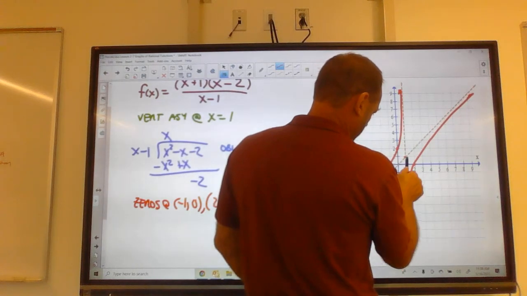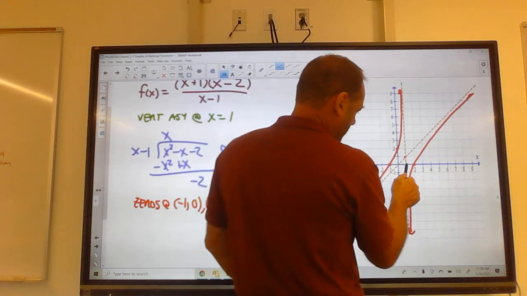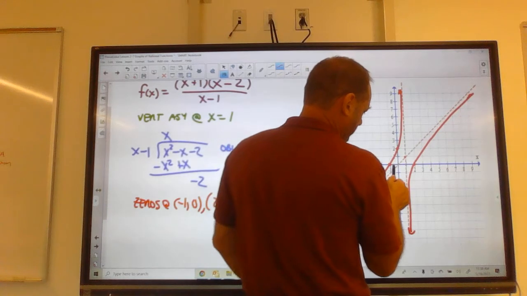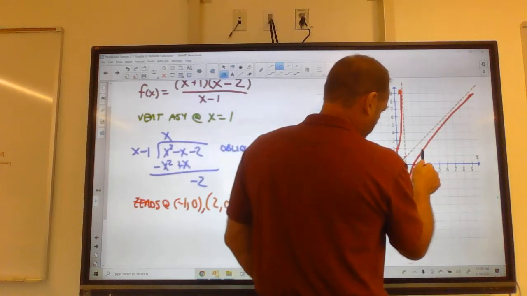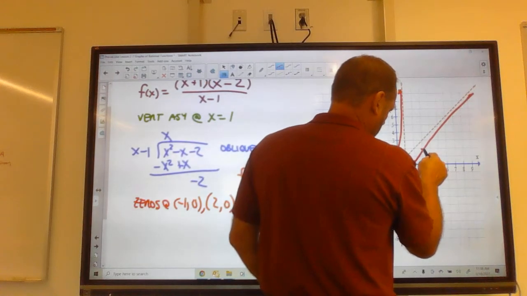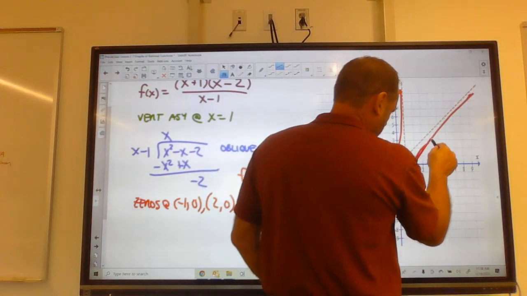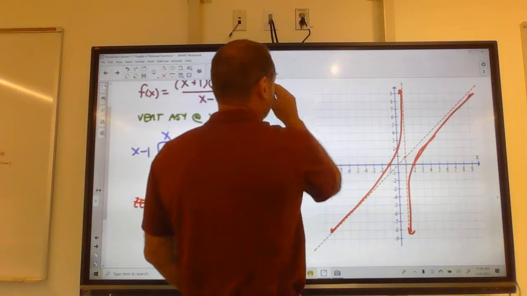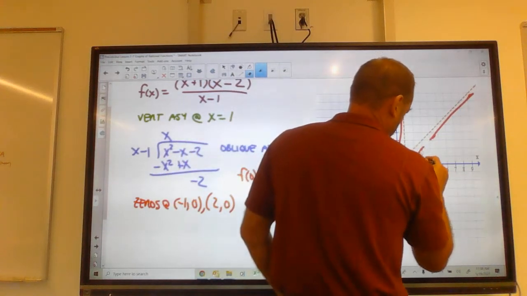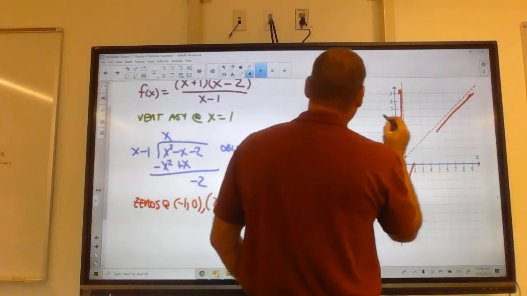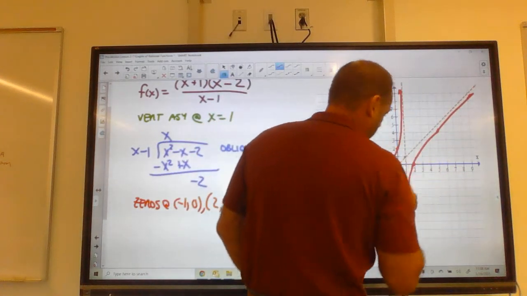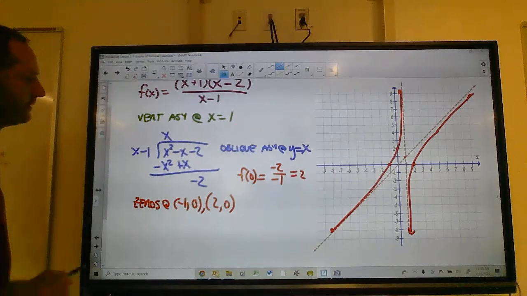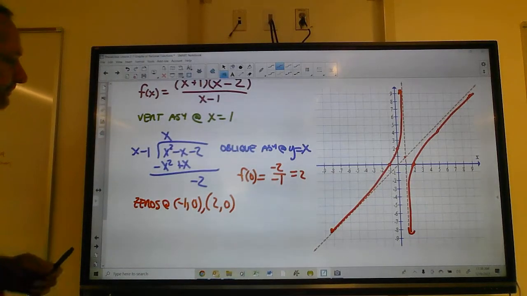So if I want to go down 2 and to the right 1, or to the left 1, I can go up 1 to the right 2. It's going to go through that point right there. I just kind of missed this just a little bit. There we go. All right, there's my graph.